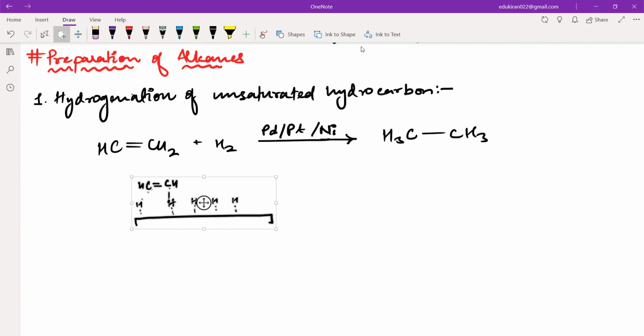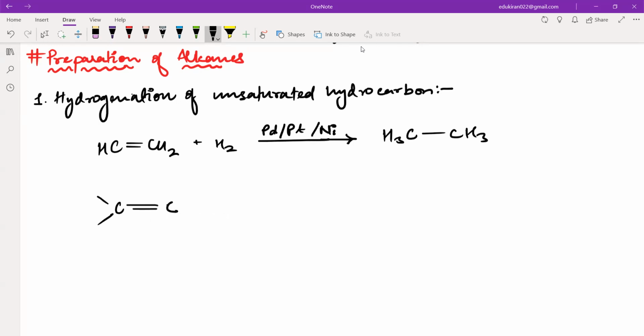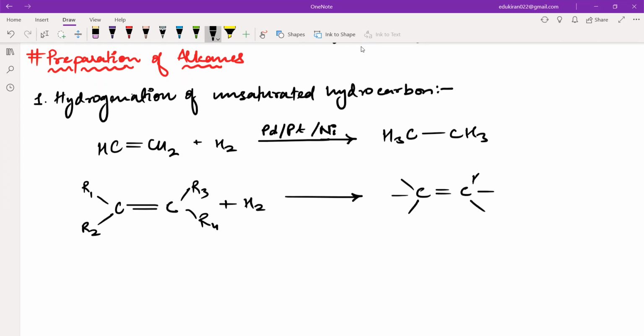So they act as a surface and also a catalyst. You can have any R group, R1, R2, R3, or R4. You add H2, and those alkyl parts will remain consistent. You will just add a hydrogen atom on each carbon.